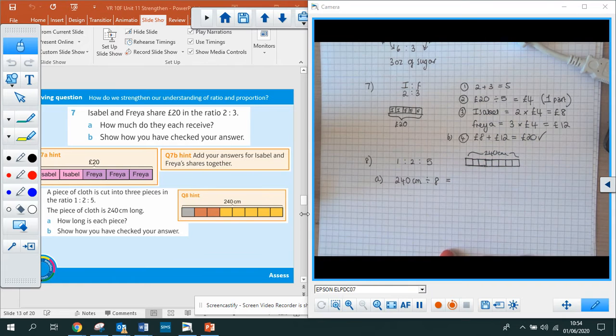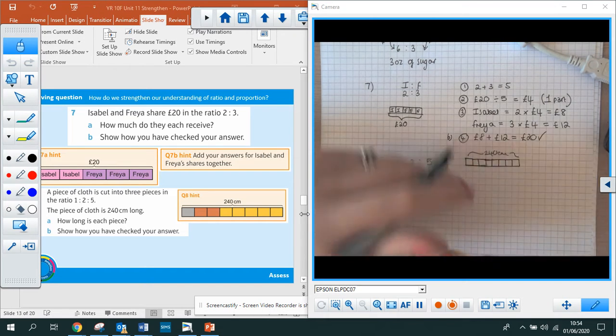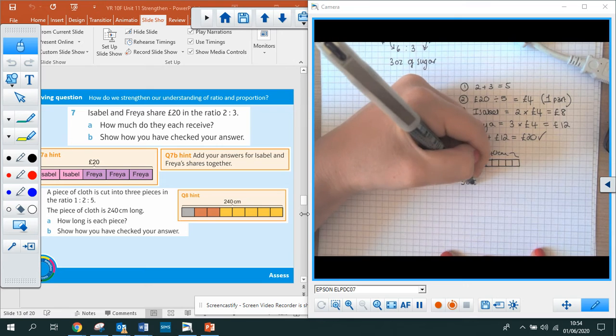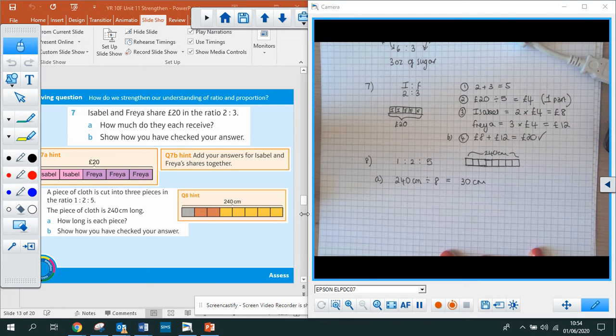So I'm doing 240 divided by 8. I know that 24 divided by 8 is 3. That means 240 divided by 8 is going to be 30 centimetres. So each part of that cloth is worth 30 centimetres.